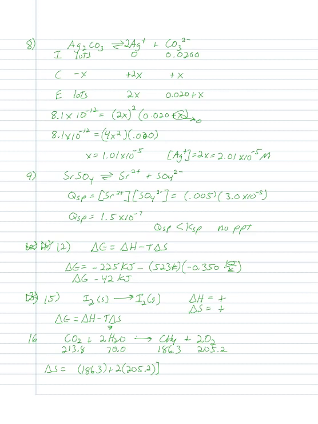Okay, so that's my products minus my reactants, which is going to be 213.8 plus 2 times 70.0. And when we add all of that up, we get a delta S of a positive 242.9.